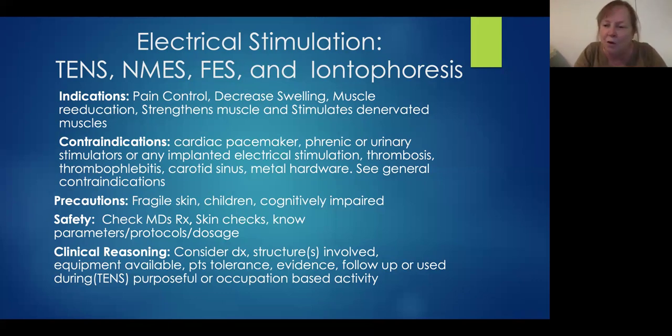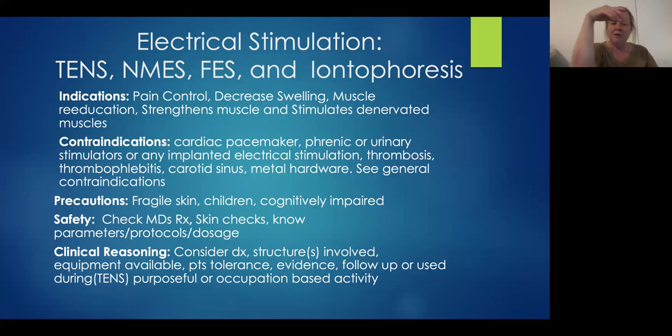Go through your books and look at the different scenarios that they might give you. And then for your clinical reasoning for electrical stim, again, consider the diagnosis and the structure that's involved. Obviously, I'm not going to put electrical stimulation on somebody who just had a rotator cuff repair. They just had it repaired. I don't want to rupture the repair. So I'm going to be very careful.